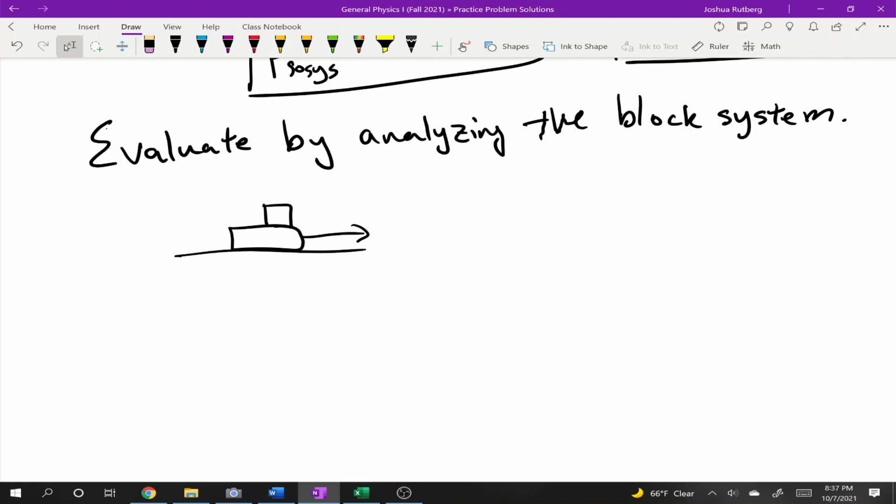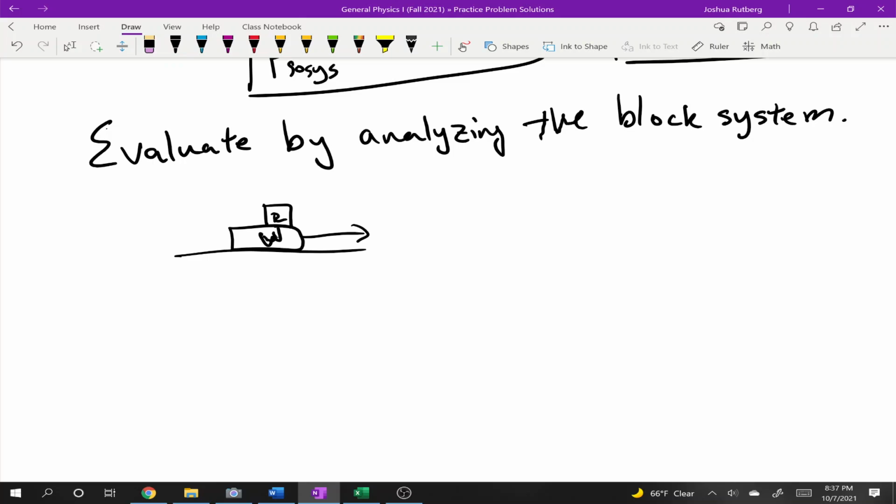Let's think about the forces. We saw from our earlier force diagram that the wood is pushing on the block, and I'm going to use the rubber block here. The wood is pushing up and in that direction on the cube, which means by Newton's third law, the cube is exerting that force down and back on the wood.